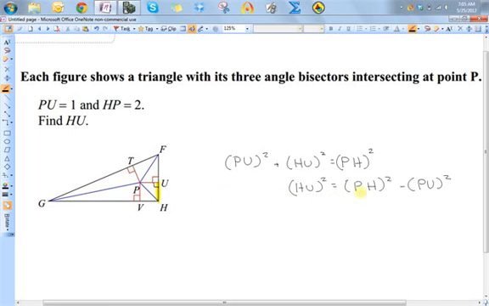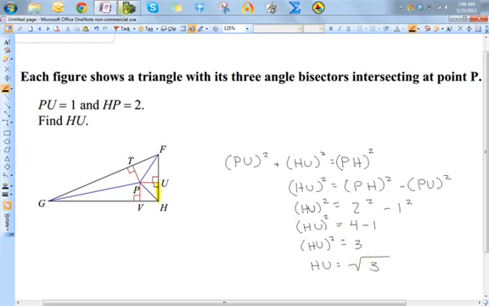HP and PH are the same thing, so 2 squared minus PU, which is 1 squared. So HU squared is equal to 2 squared minus 1 squared, which is 4 minus 1. So HU squared is equal to 3, which means HU is equal to the square root of 3.